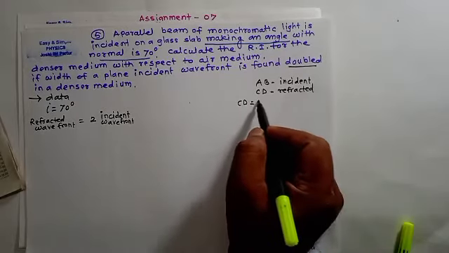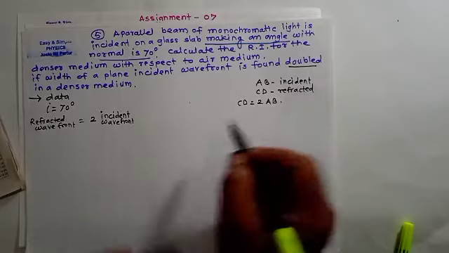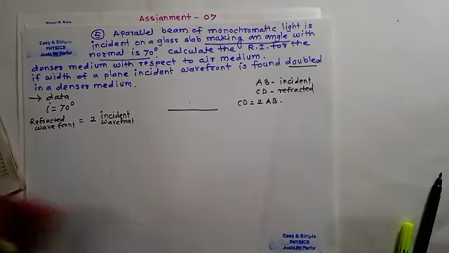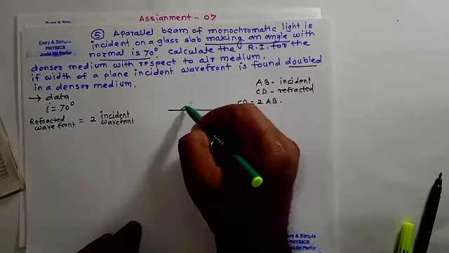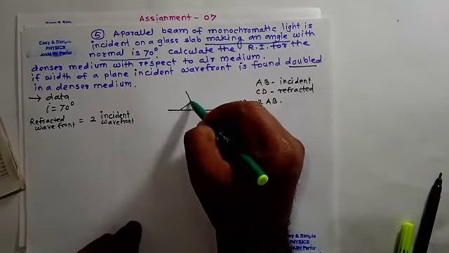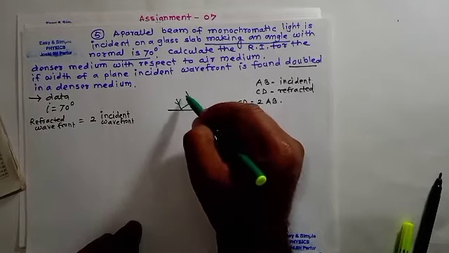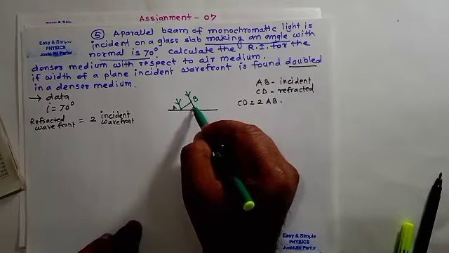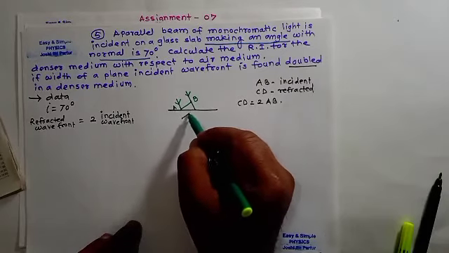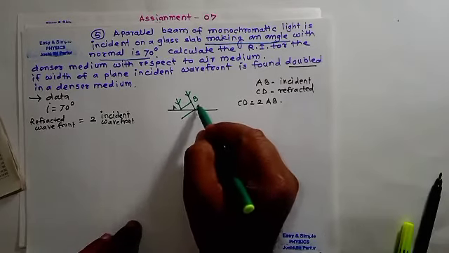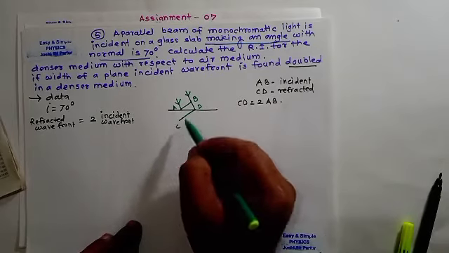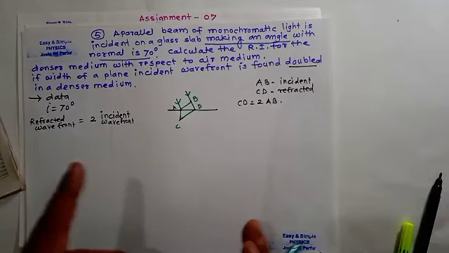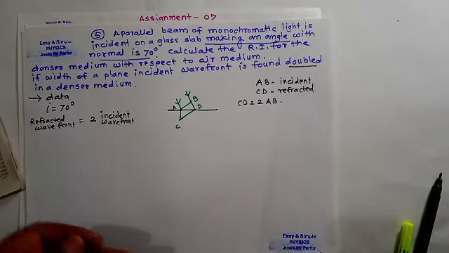CD is equal to 2 times AB. This is AB, the incident wavefront, and this is CD, the refracted wavefront. They are double.